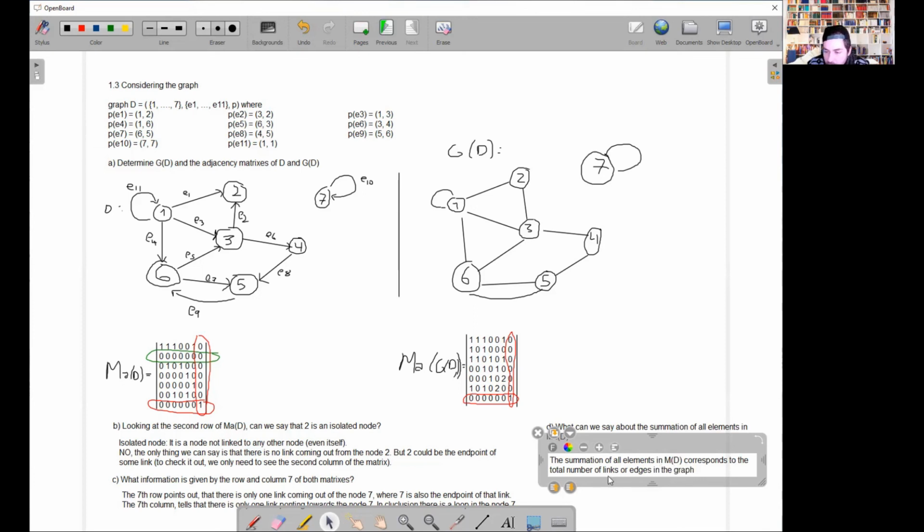Right, but remember that this is because this is a directed graph, right? If the graph is non-directed, the answer could be different, right? So this is only in case that we have a directed graph.